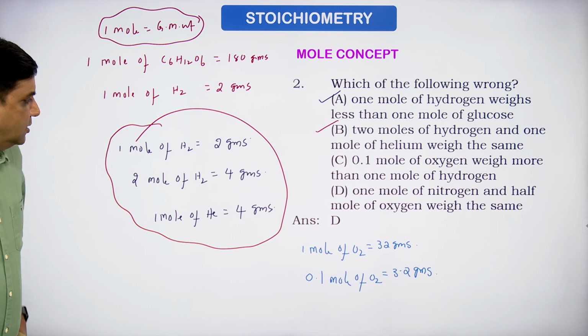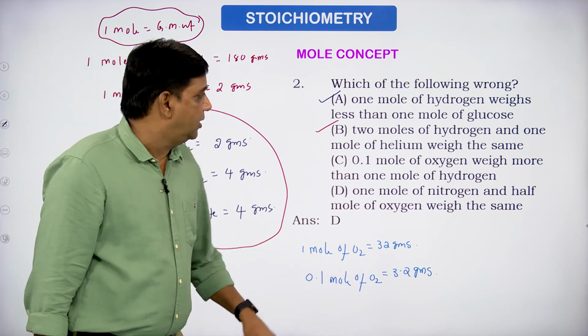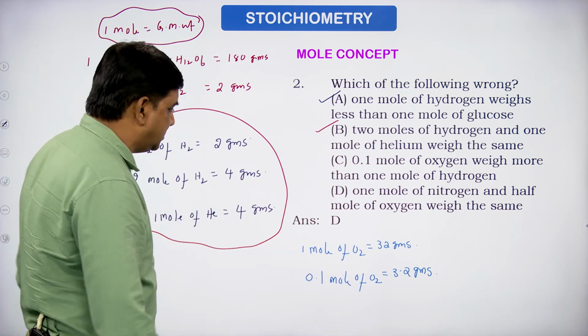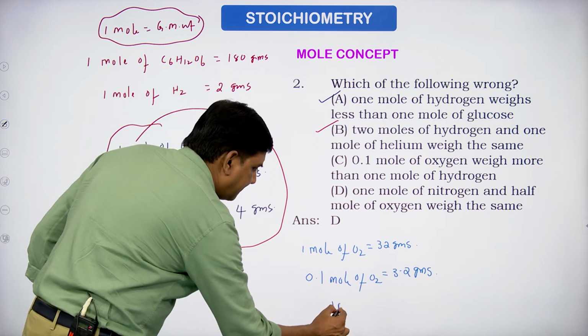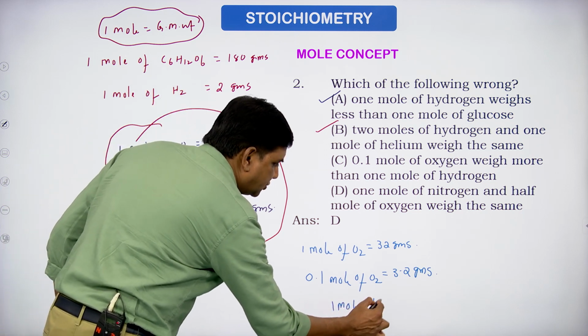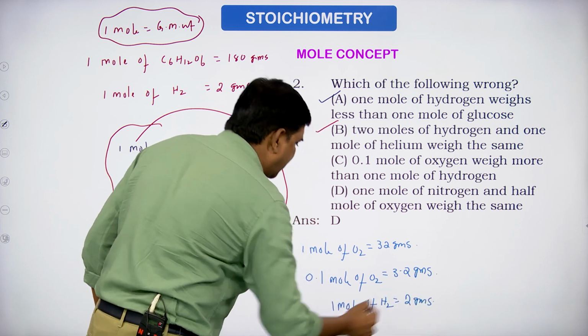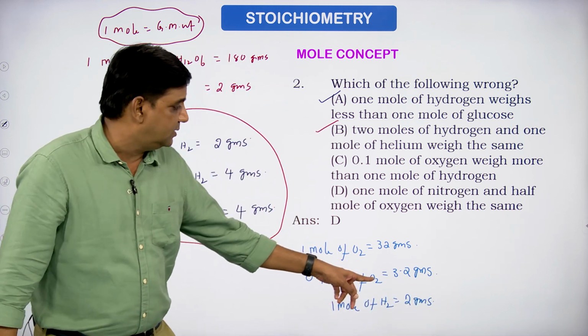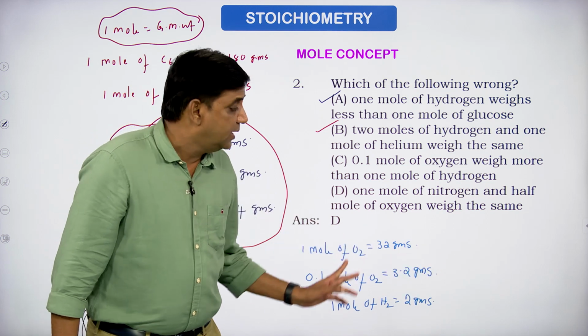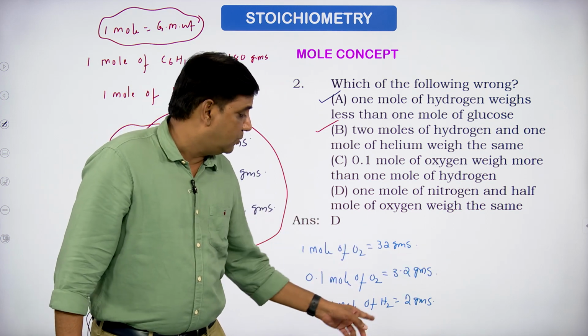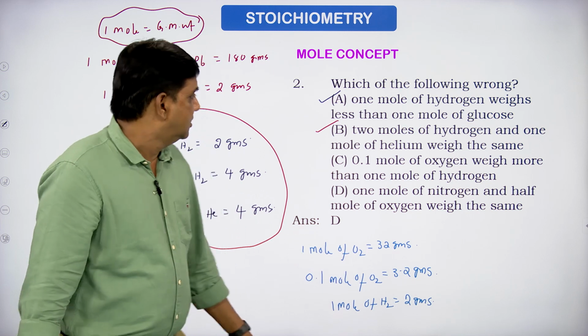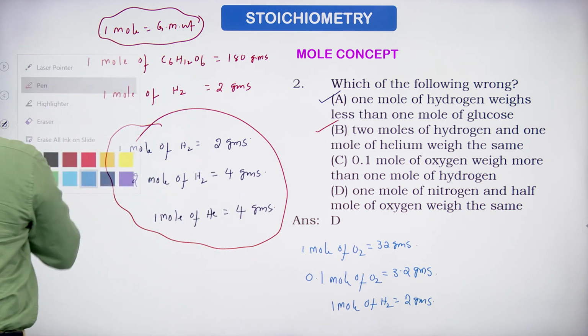And 1 mole of H2 is equal to 2 grams. So 0.1 mole of oxygen, whose mass is 3.2 grams, is higher than 1 mole of hydrogen, which is 2 grams. So option C is also right.